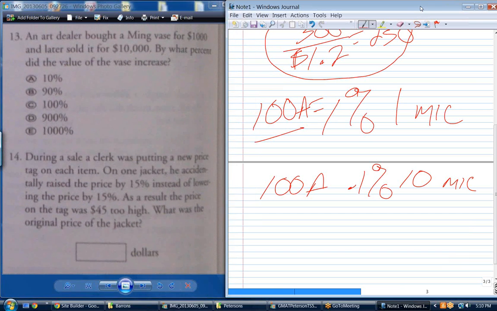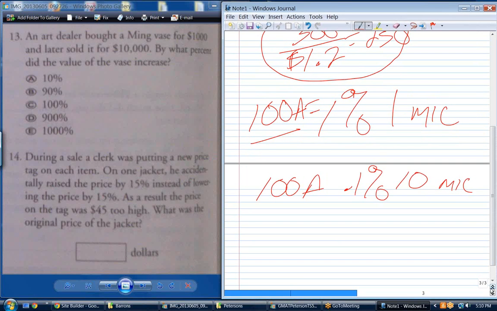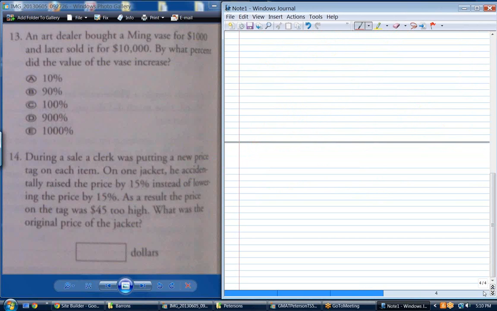Let's go to 13. One second. I'm just calculating.